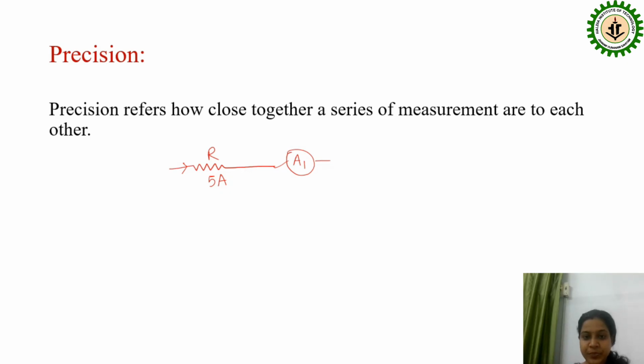For the first experiment let the value be 4.8 ampere, then 4.9 ampere, 4.95 ampere, and for the fourth experiment 5.05 ampere, and 5.1 ampere.